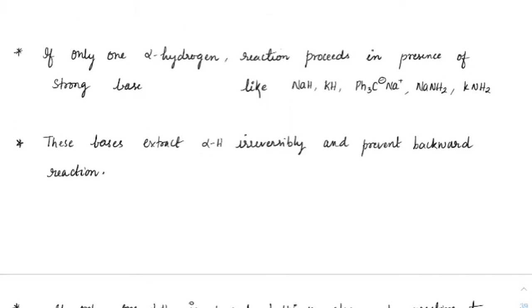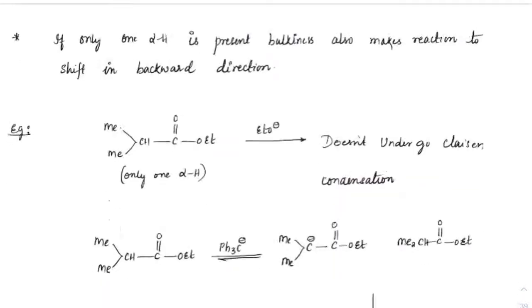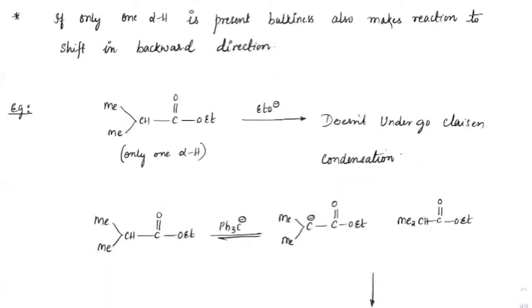So in that case, we have to either use very strong bases or bases which will completely come out of the solution as some gas, like H minus (hydride), Ph3C minus, NH2 minus. These bases, if we use, will be useful if you have only one alpha hydrogen. Okay, let me show you with an example. For instance, if you check out, there is only one alpha hydrogen here.